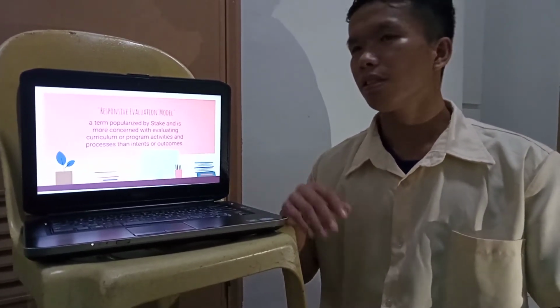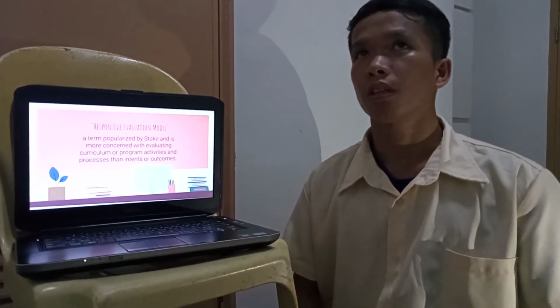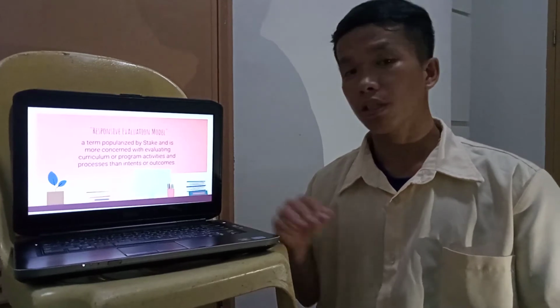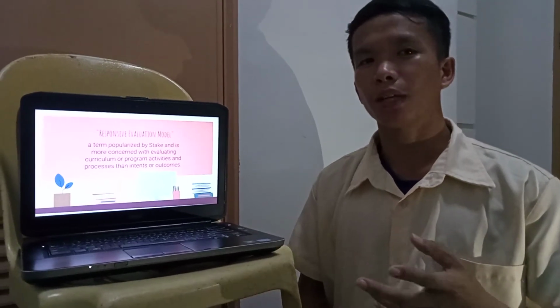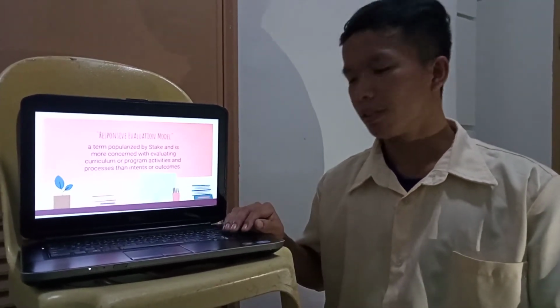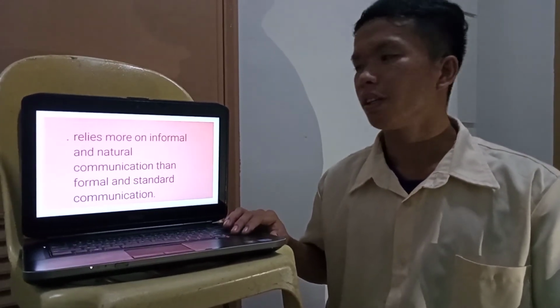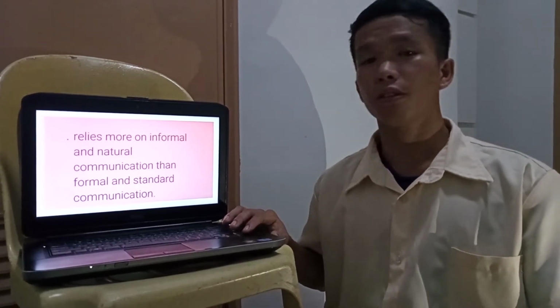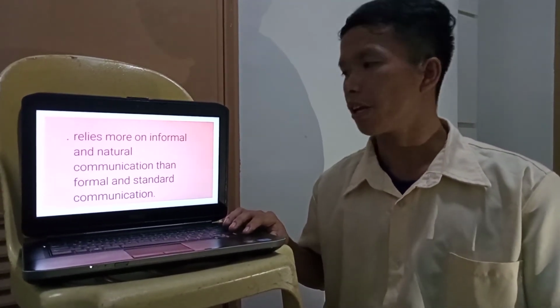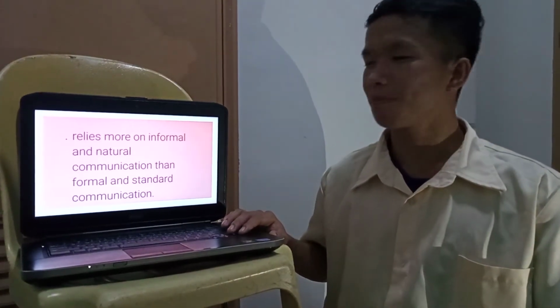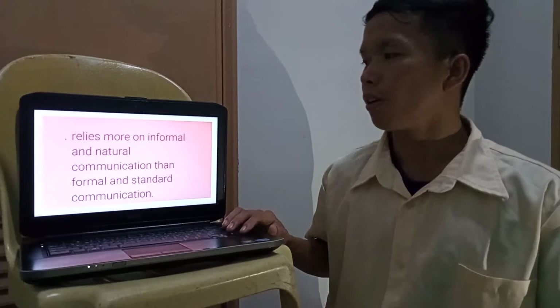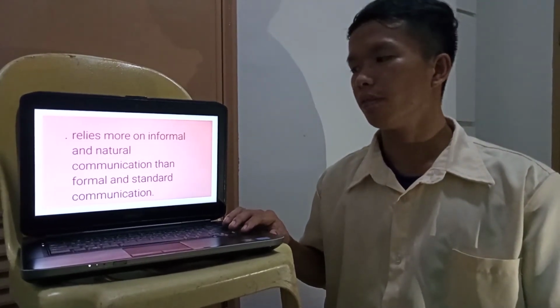So it means Stake wants to direct activities, responsive to students or stakeholders. So it relies more on informal and natural communication than formal and standard communication.